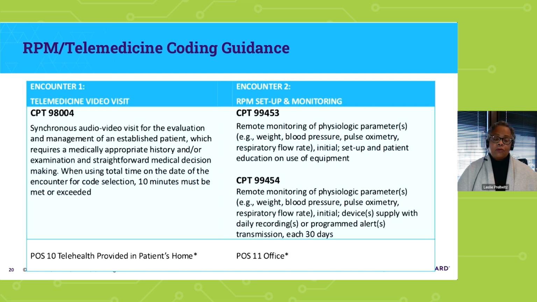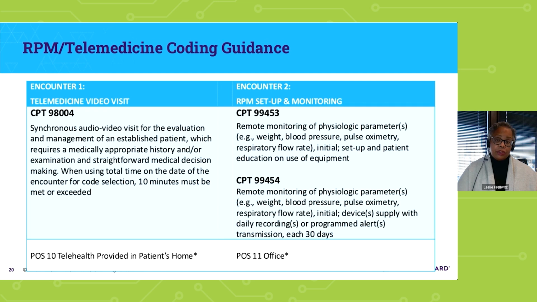This is designed for setup and patient education on the use of the equipment, making sure the patient understands how to transmit various information. Usually this can sometimes be provided by a clinical staff member under physician supervision. There's no reason a physician or QHP couldn't also perform that service, but there are parameters to allow clinical staff with the appropriate supervision to do that.